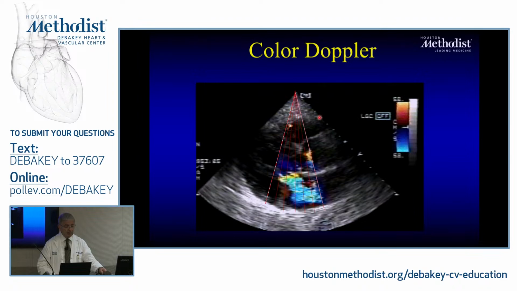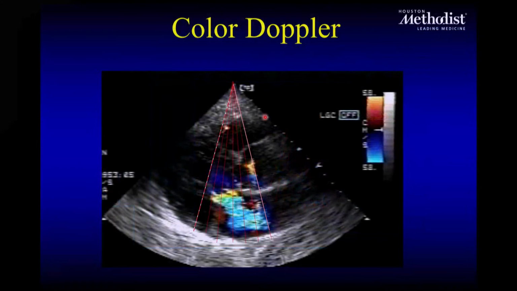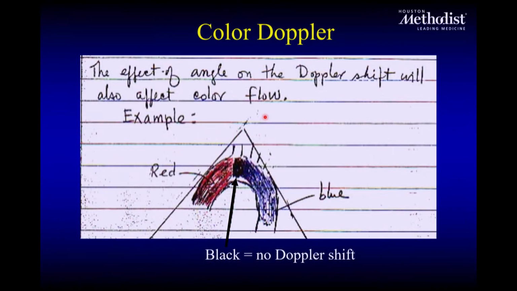So the applications are looking at abnormal flows: mitral regurgitation, aortic regurgitation, and all the others. One thing, the Doppler equation still applies here. So if I have an aorta, an arch, and a descending, there will be an area where it'll be black because I'm going to be perpendicular to that flow. So whenever you see a color changing through black, you know you're changing direction.